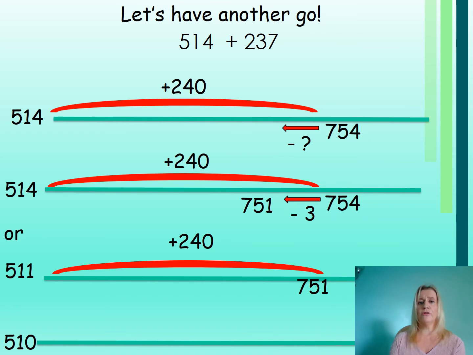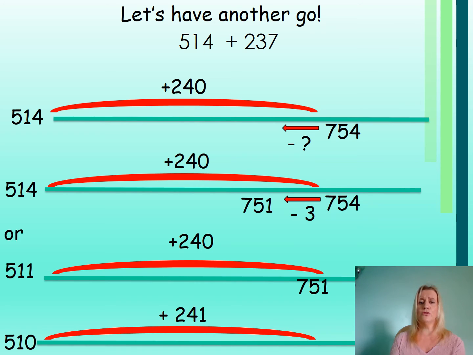Maybe you could even round it down. If you took off 4 to round it down to 510, instead of adding on 237, can you think how much more we would need to add on to this number? We've made it 4 less, so now we have to add on 4 more at this other side.